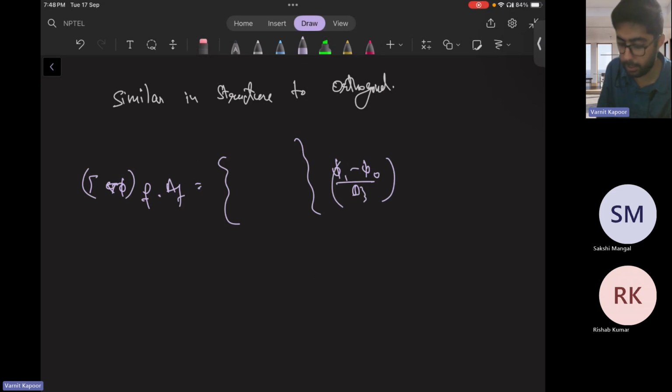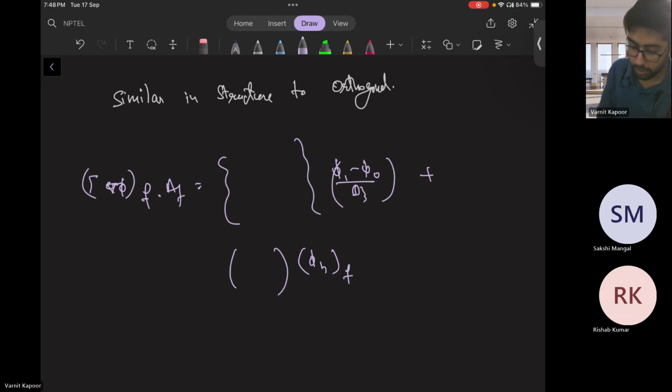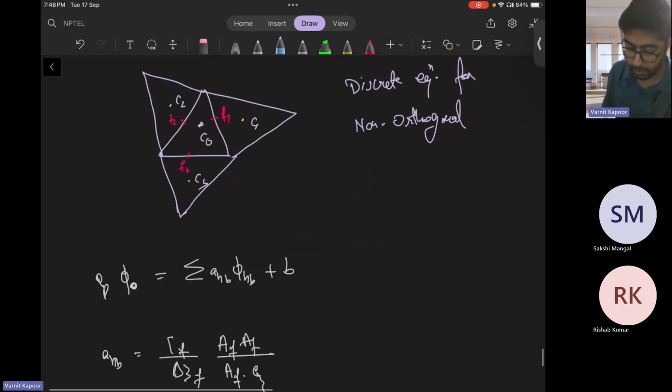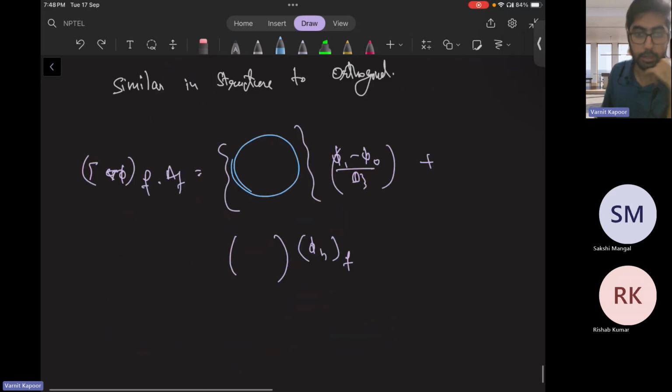This was your primary plus something here for the secondary term, phi of beta, that phase. This was your secondary. Okay. So this term was having some value, that was like this. Okay, and this will be your coefficient.